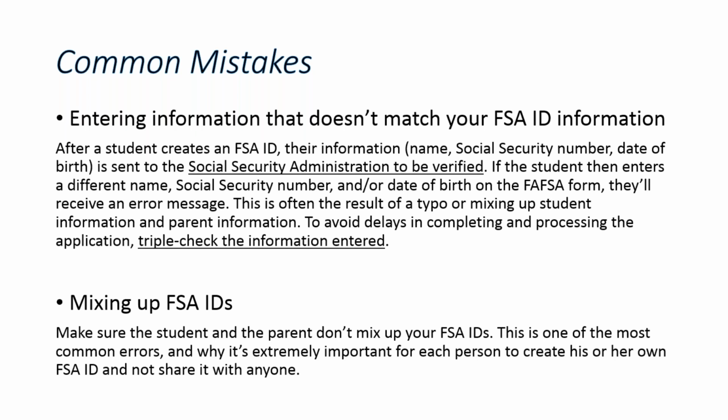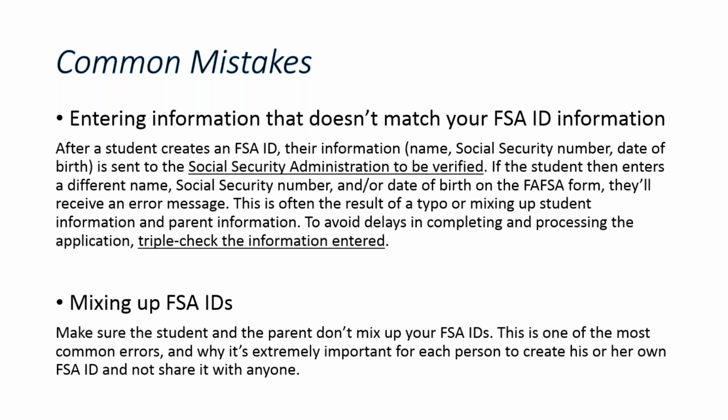So when they're doing the FAFSA, if their information is not the same as what was on their FSA ID, so if they switch up a number in their social security number or their date of birth, it's going to give them an error. Their information is sent to the Social Security Administration, which verifies all that information when they do the FSA ID.